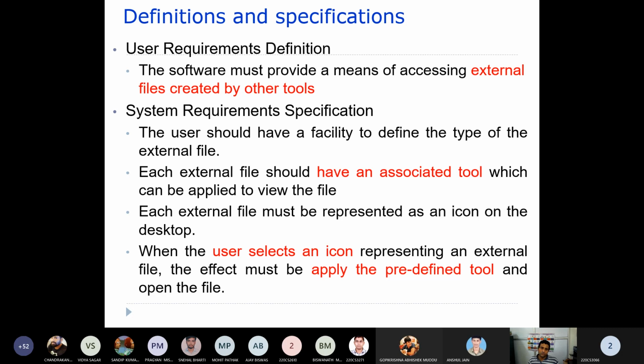Ultimately the developer is going to develop these requirements, so these are the requirements that are part of a contract. These are the facilities or services the software should provide to the user.